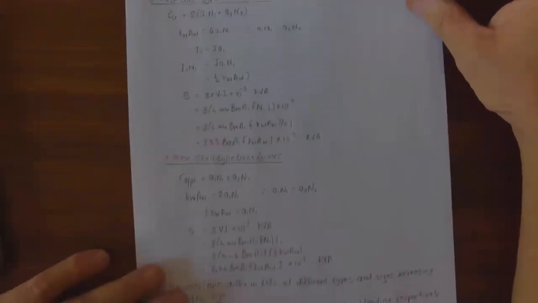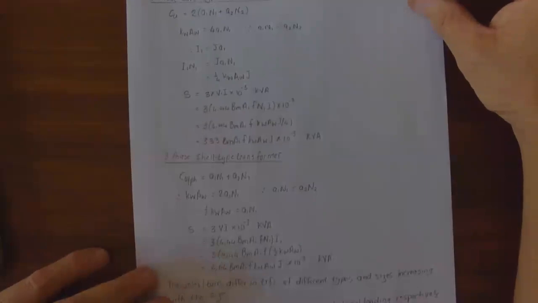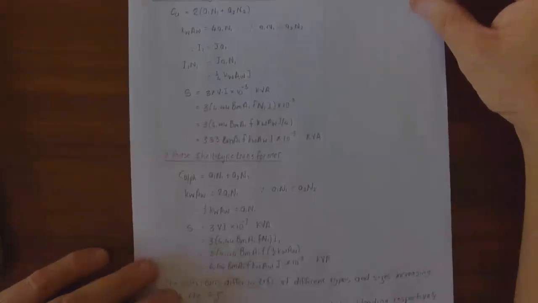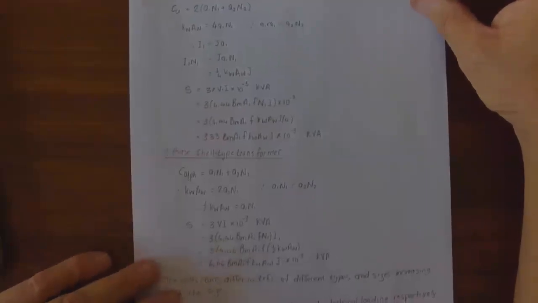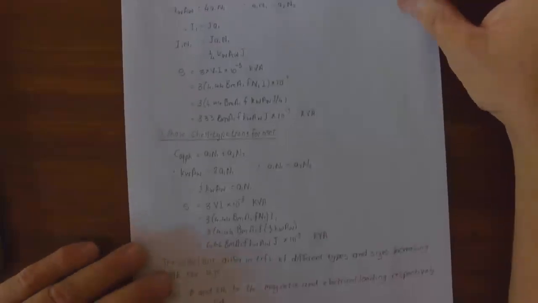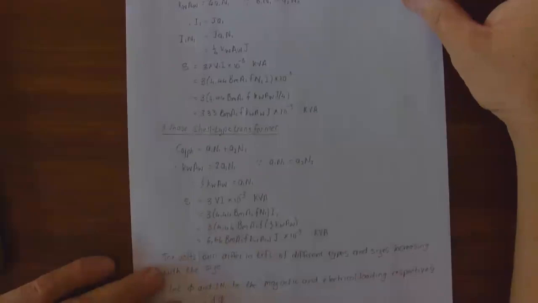Now for the three-phase core type, the copper in the window is 2 times A1N1 plus A2N2, and therefore KwAw is 4 times A1N1, because A1N1 is still equal to A2N2, and therefore I1 is J A1, and IN is equal to J A1N1, which is a quarter of KwAwJ.